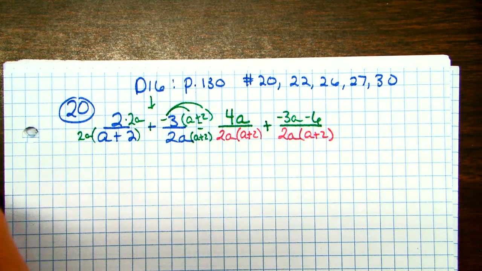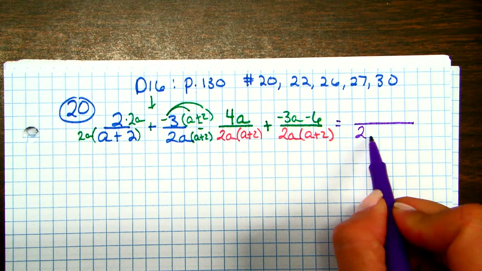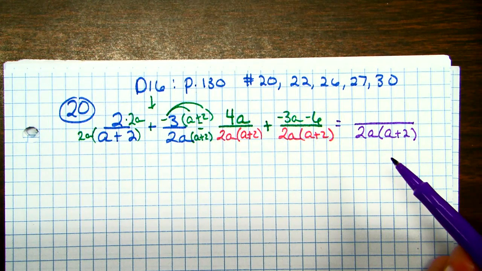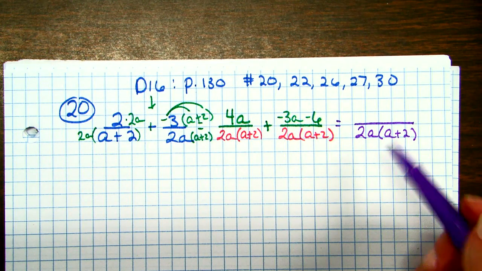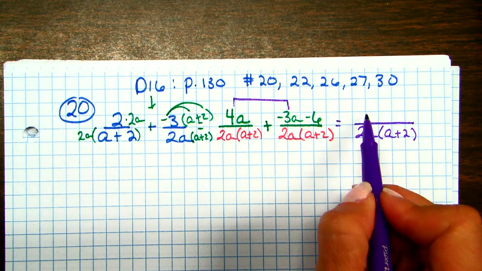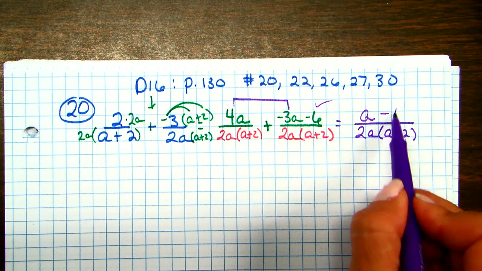And then the final answer will be one fraction with that common denominator, and combine any like terms. 4a plus negative 3a is just 1a, or a, and then minus 6.